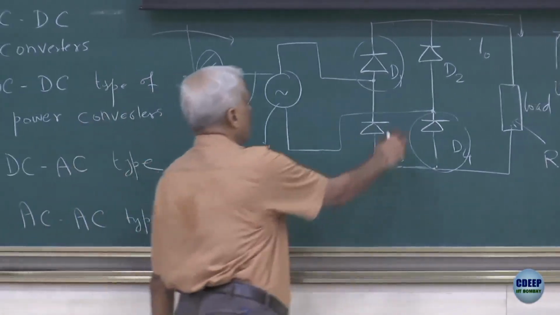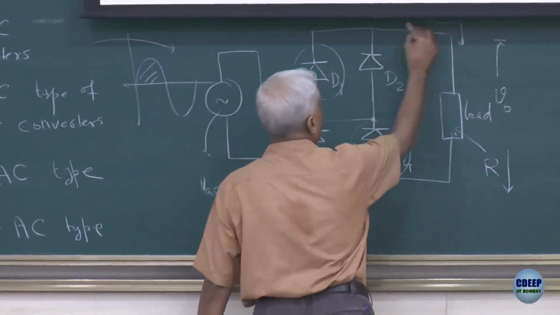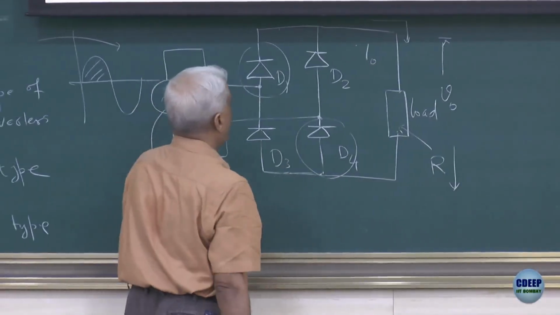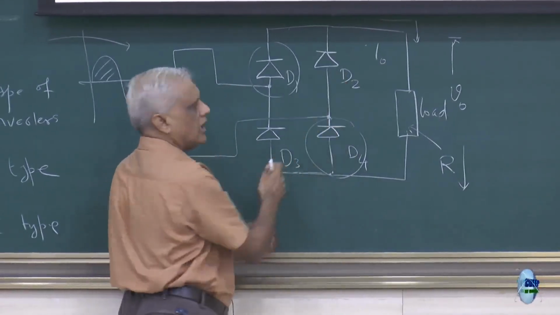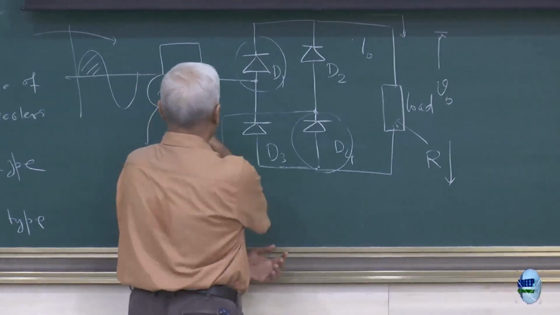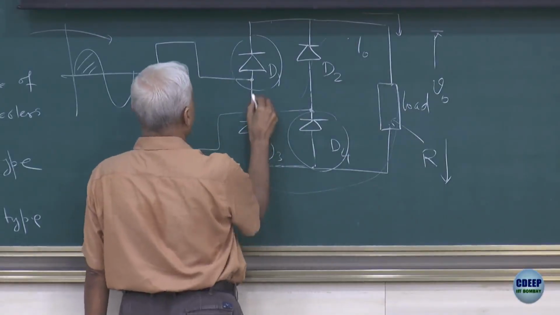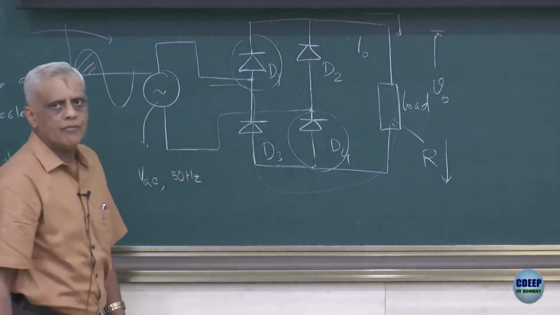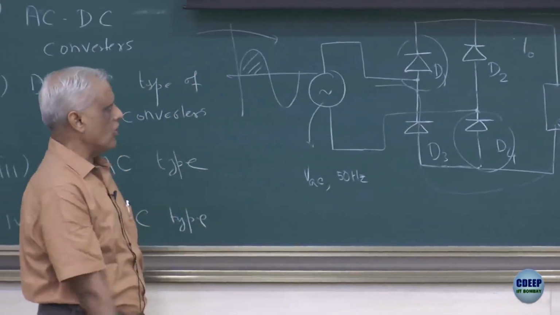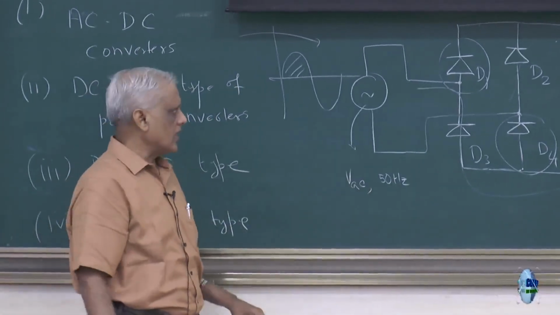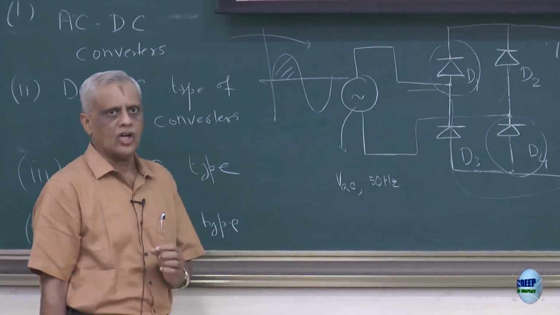So, D1 and D4 conduct, and the current flows like this, and when D2 and D3 are forward biased by the input supply voltage, then D2 and D3 conduct in this way. If you have followed my hand as I have drawn this line, you can understand the direction of the current flow.